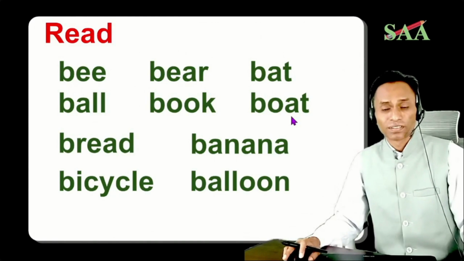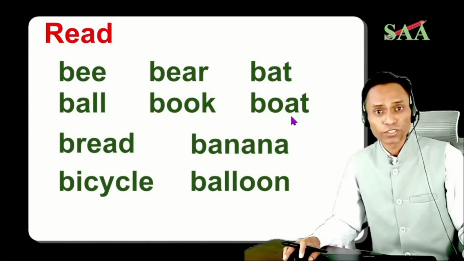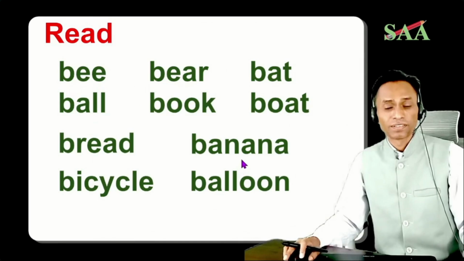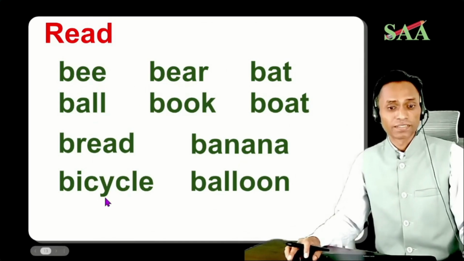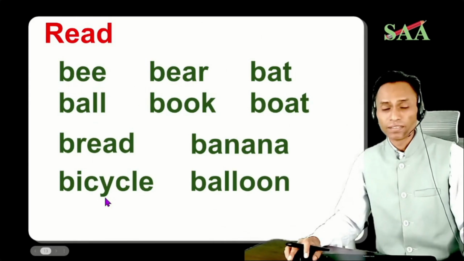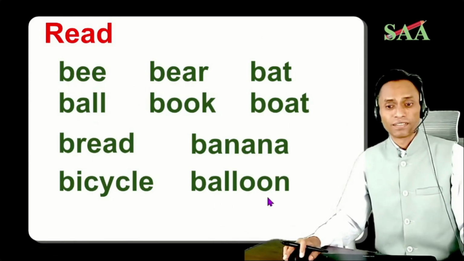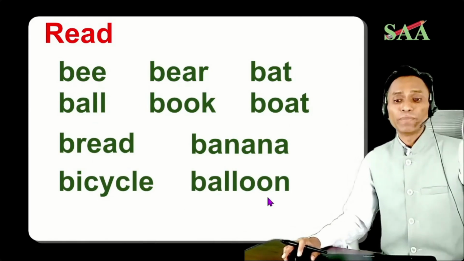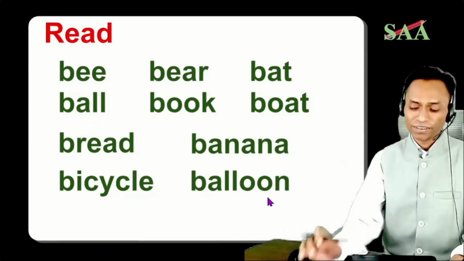Pot. Bread. Banana. Yes. Bicycle. Balloon. Right? Great.